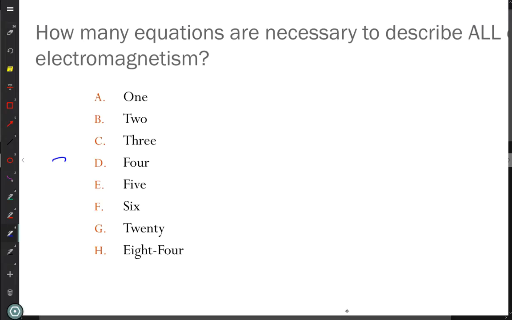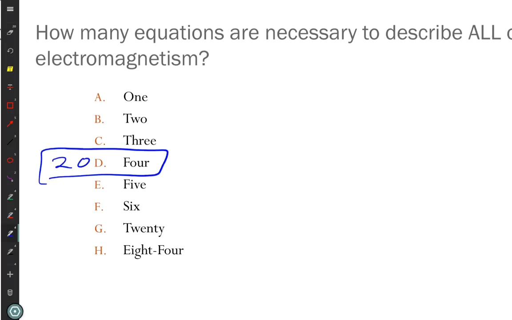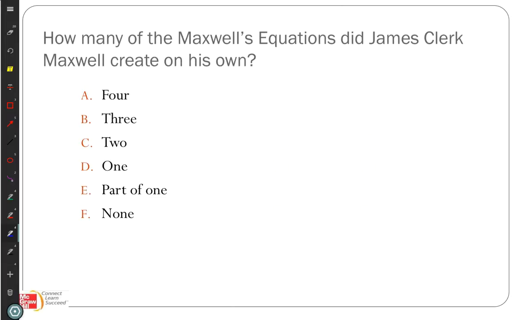And all 20 said 4. G was a meaningful answer because in Maxwell's first bringing it all together, he got it down to 20. But then 4 was what he got it down to a dozen years later. And that's where we stand today. So, another clicker question. How many of these equations did James Clerk Maxwell create on his own?